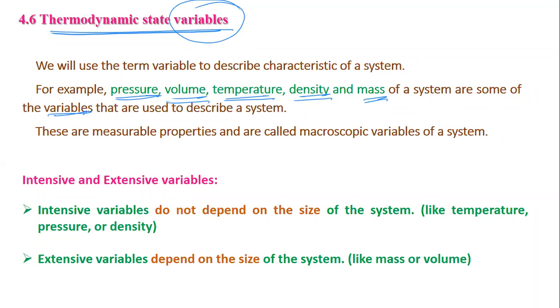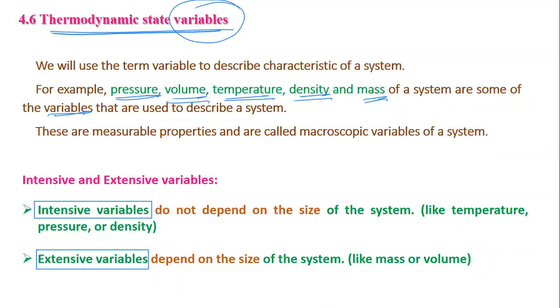Now variables are classified into two categories. The first one is intensive variables and the second one is extensive variables. Now what is intensive and what is extensive, that we cover.